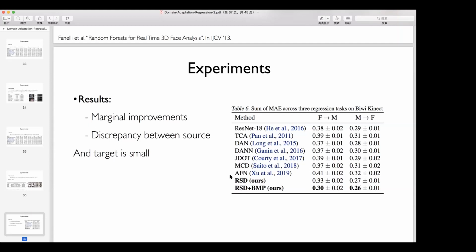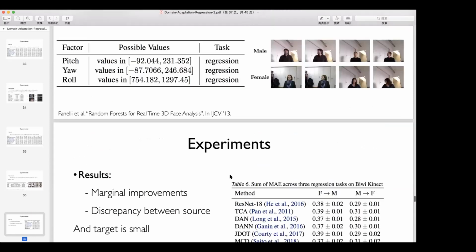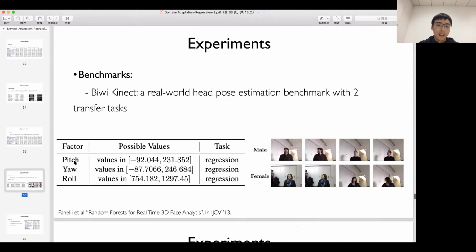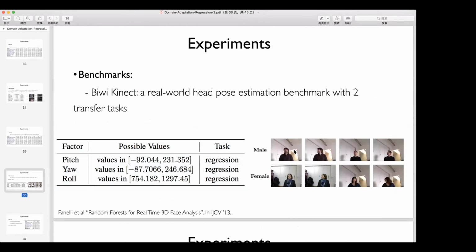I have one question. What's the output of these experiments? The input is an image. What's the output? Is it a scalar? The output is a vector. It is just the angles in the 3D world, for example, 3 numbers.